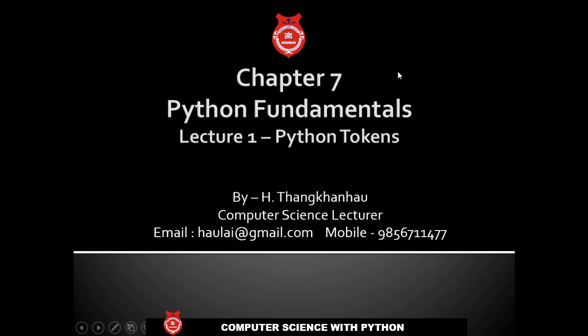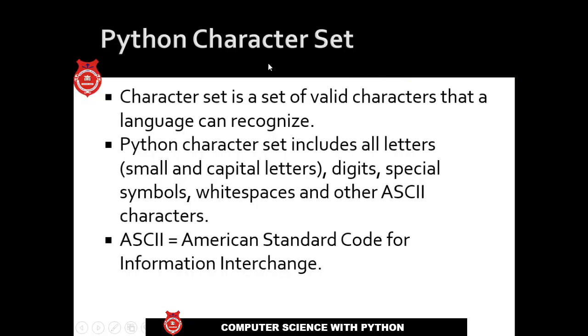Alright, so let's start. When you say Python tokens, it is the smallest individual units in Python programming. So the first Python token that we have to learn is Python character set. What are the different characters that are accepted in Python programming?